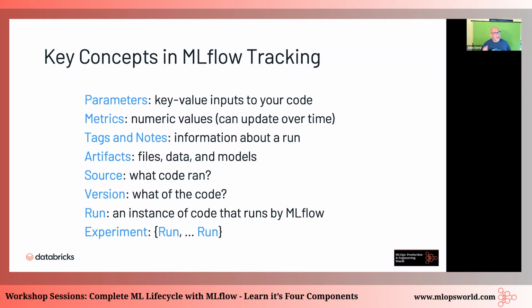Those are the static parameters you provide. There are some metrics that are going to be computed that you want to capture, so you want to track those metrics for each and every epoch, for each and every run. And there might be some tags and notes and information you want as part of the lineage, as part of the description, so you can track how the model evolved from the initial stages. And then the artifacts are the products of the MLflow experiment.